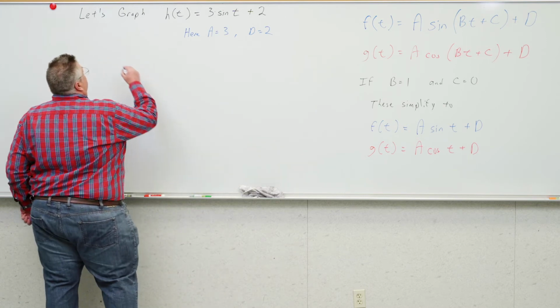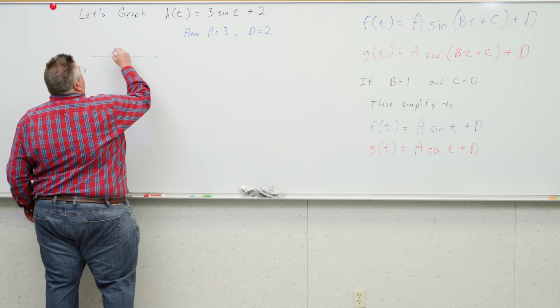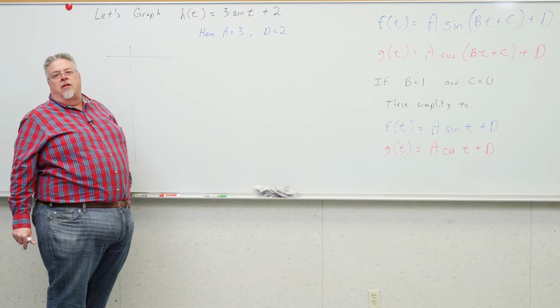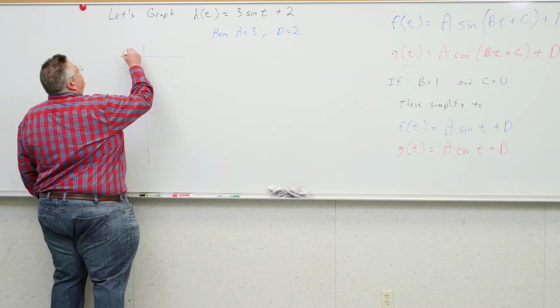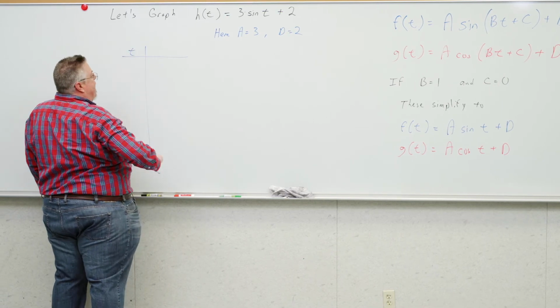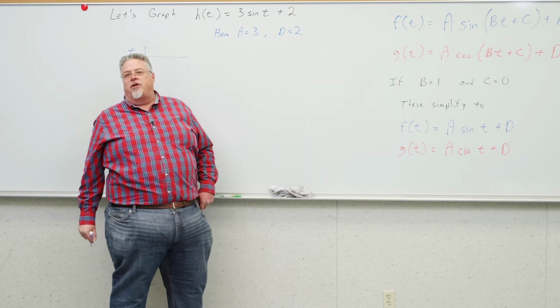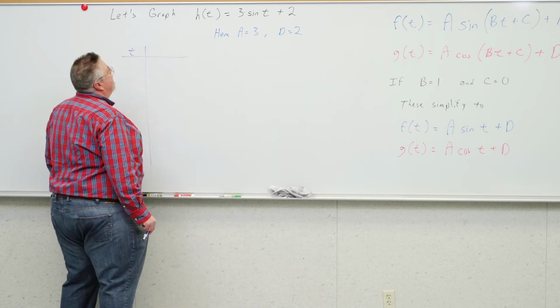Let me make a little table here, and in time you can probably learn to dispense with the table. I'm going to have my values of t, and I'm going to use multiples of pi over 2, because I erased my circle, but those are where interesting things are happening.